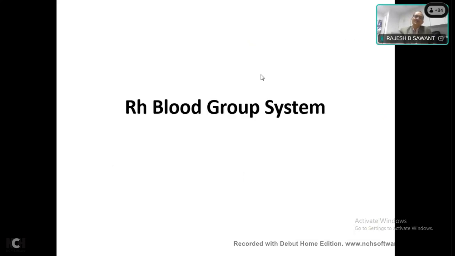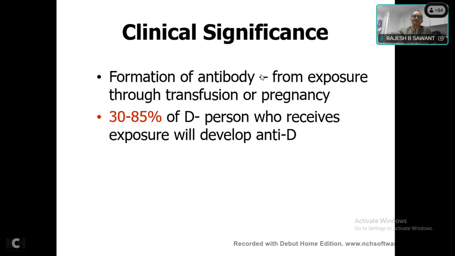So let us now look at the RH blood group system. Well, the formation of antibody against this Rh will happen only after exposure through either transfusion or pregnancy. So if some individual does not have the D antigen or Rh antigen, then unless and until he or she is exposed to the Rh antigen, that individual will not form an antibody.